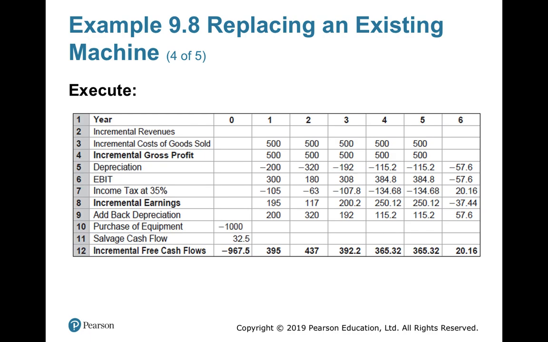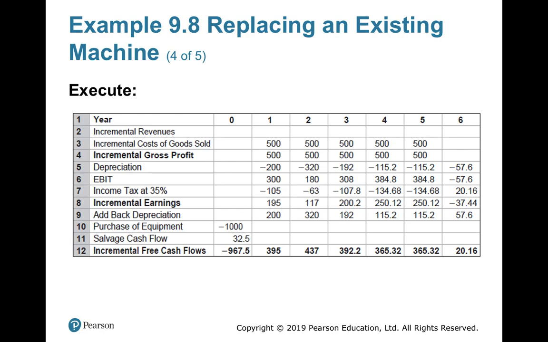That means that is a tax credit. You can use it in future tax to reduce. Incremental earnings will be 195, 117, 200.2, 250.12, 250.12 and minus 37.44. Dear students, this is the baseline calculation we have done.